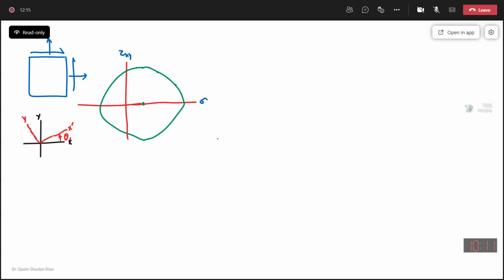So you can calculate the stresses over this transformed axis. Now let's say you have another orientation, theta 2.